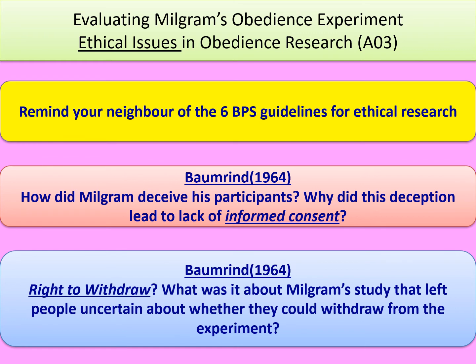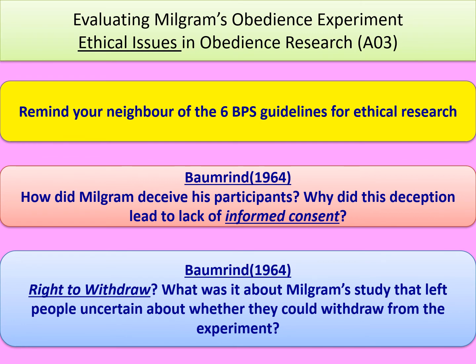And you should have identified the PRICL, so protection from psychological and physical harm, right to withdraw, informed consent, confidentiality, lack of deception, and privacy. So Milgram was highly criticised for doing the experiment, and Baumrind in 1964 identified that there was deception that led to lack of informed consent.